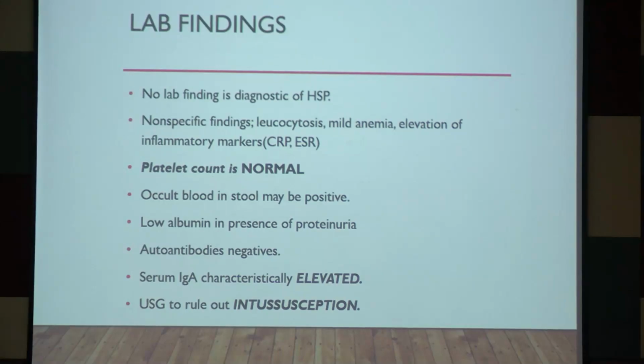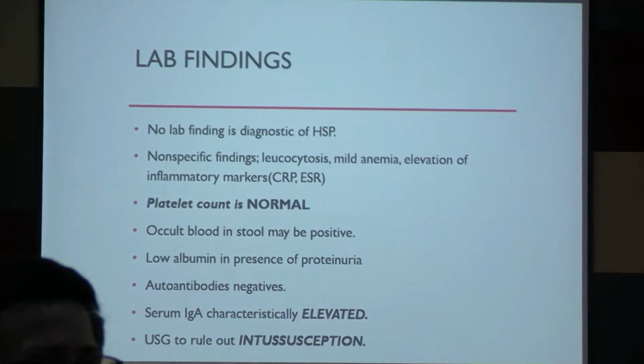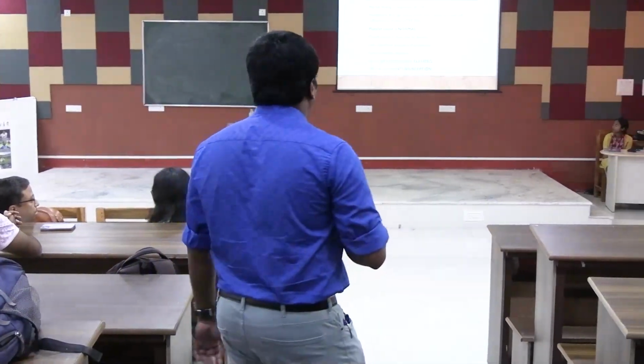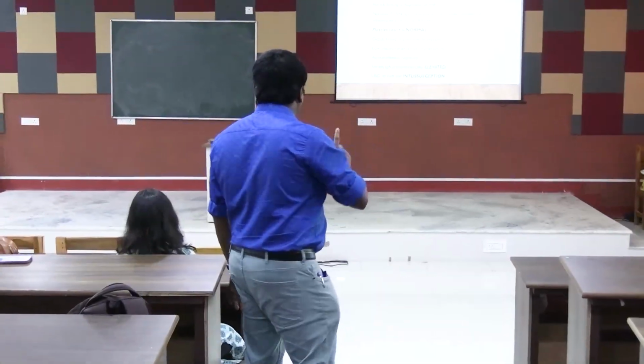Lab finding, there is no specific lab finding of HSP. Okay, platelet counts are typically normal. Majority of rheumatological disorders will have elevated platelet counts, but in HSP platelet count is normal. Okay, this is a question, IgA.